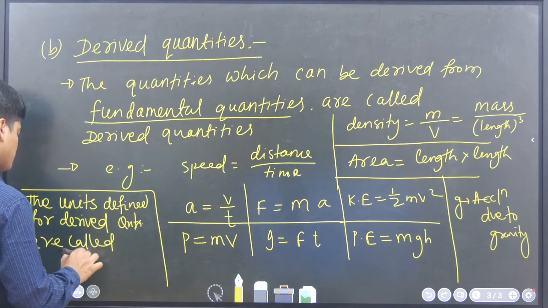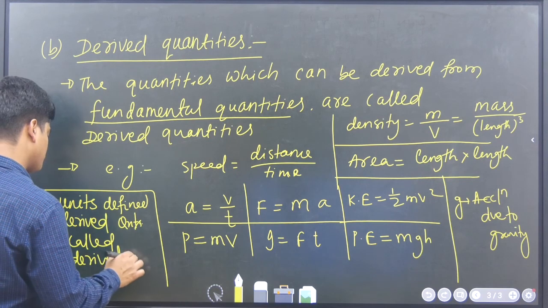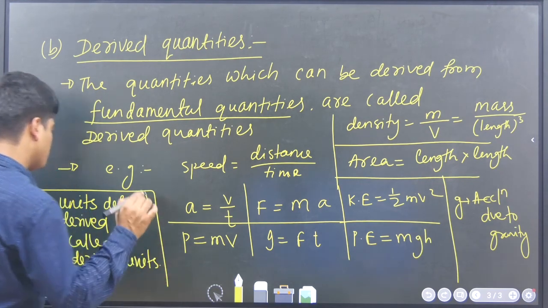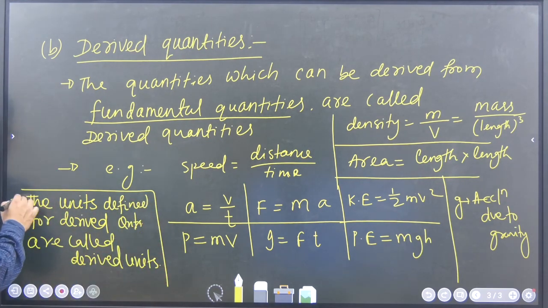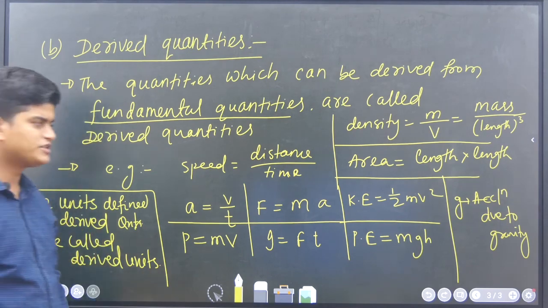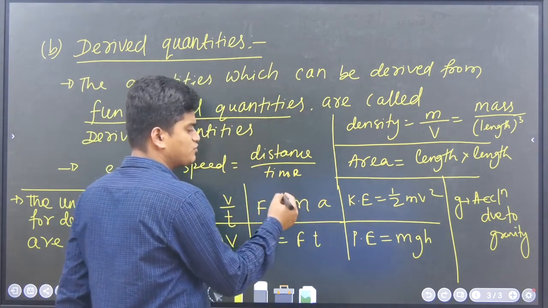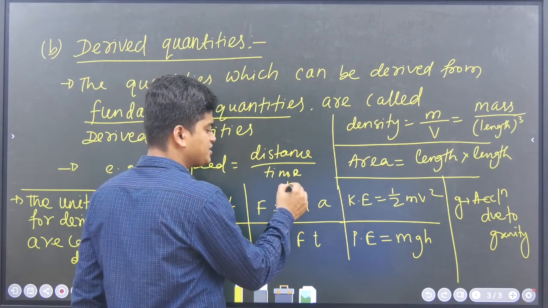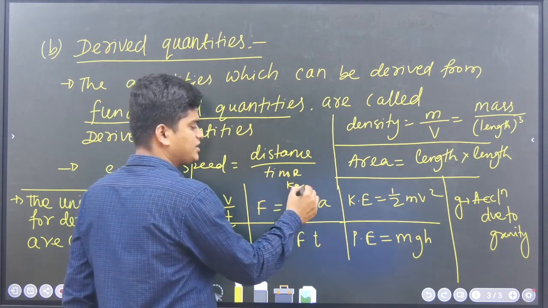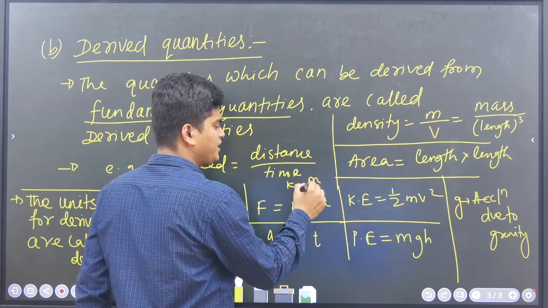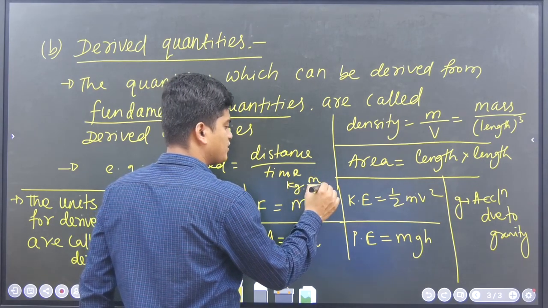So, this one also remember. The units defined for derived quantities are called derived units. Suppose here I am telling this is my force. So, what is the unit of force basically? Now, here mass is there, mass means it is kg, and acceleration is there, acceleration SI unit is nothing but meter per second square.